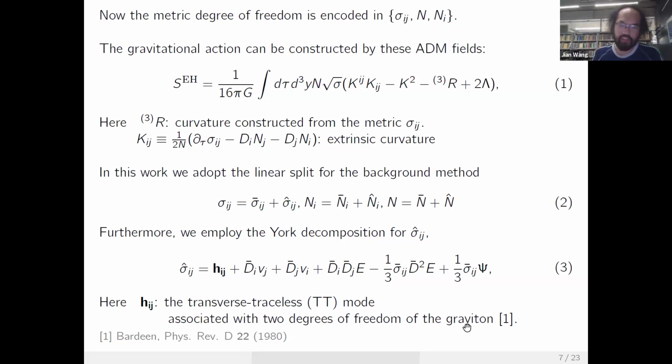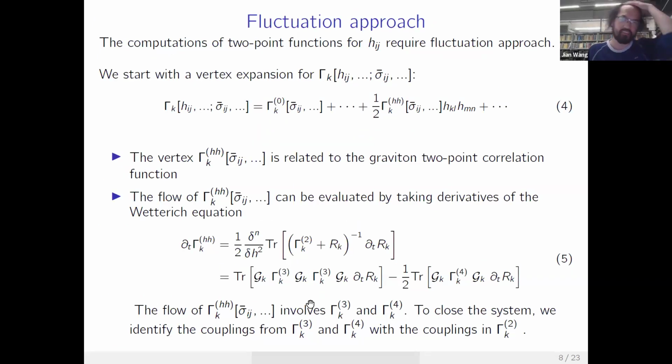Since in this talk we need to compute the RG flow of the correlation functions for these components, such a computation usually needs a fluctuation approach. So I will briefly review the fluctuation approach. Let's start with the vertex function for the effective average action. Usually the vertex function for the effective average action can be given in the following way.